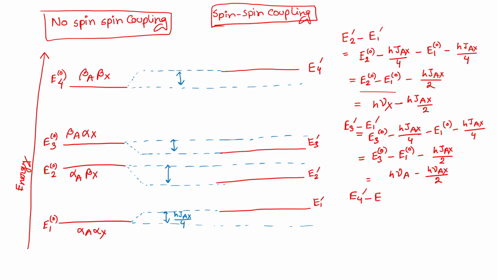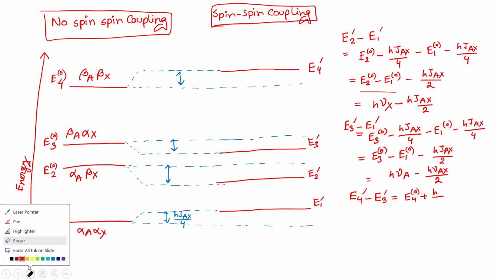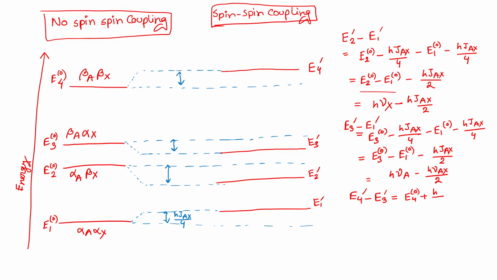And what about the gap between E4 and E3? Earlier it was associated with a change in the spin of the X nuclei. So it would be similar. The fourth is actually increased by this amount, and what is the energy? This is actually destabilized, right? E3 0 destabilized, minus minus plus, JAX by 4.